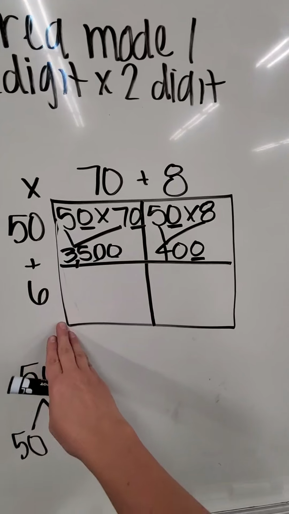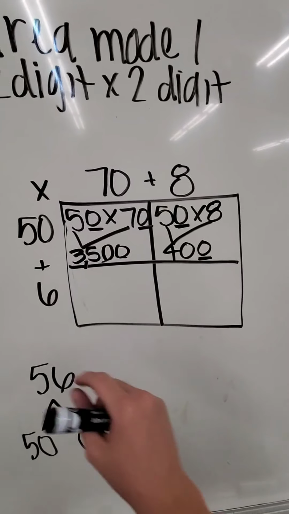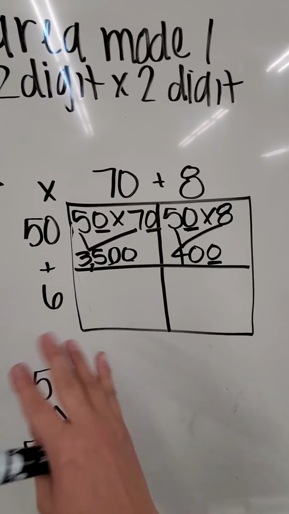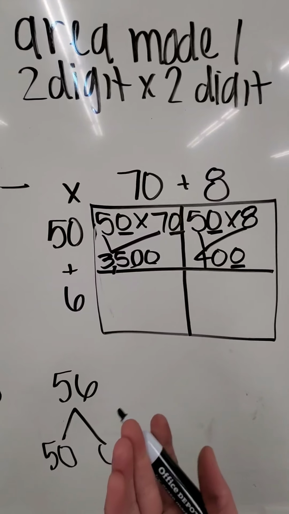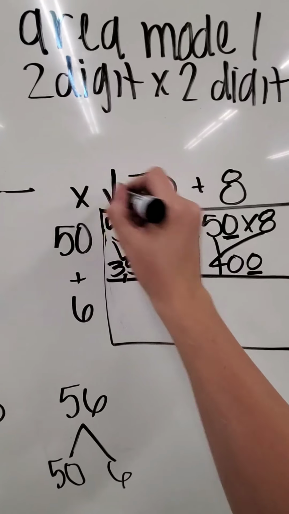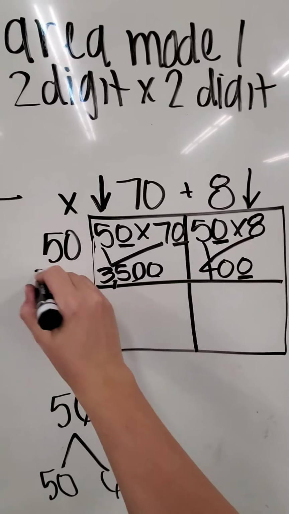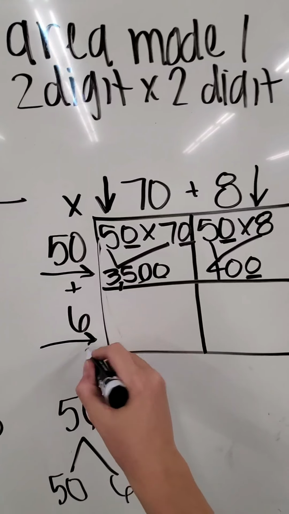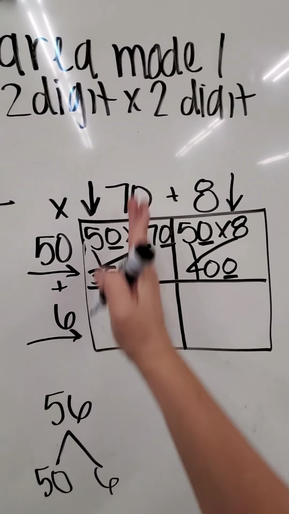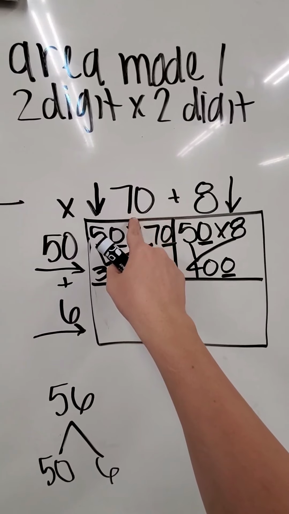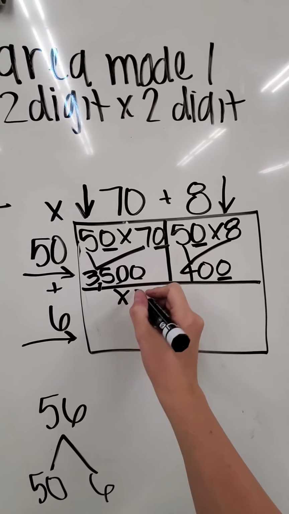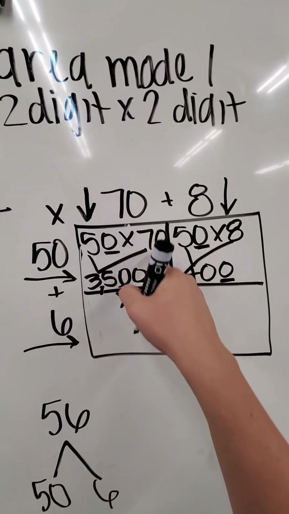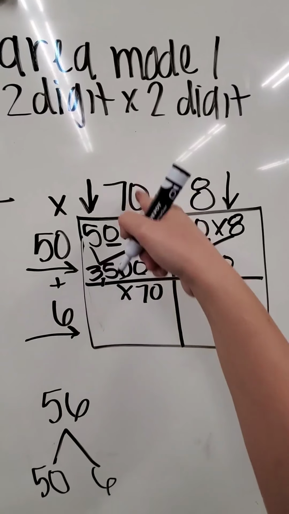This is where it gets tricky when we come to this bottom row. A lot of students get confused on what we're multiplying where. So to keep myself on track, I'm going to label what digits go where. I know all of these two columns have to have 70 in them. If this one has 70, this one has to have 70.